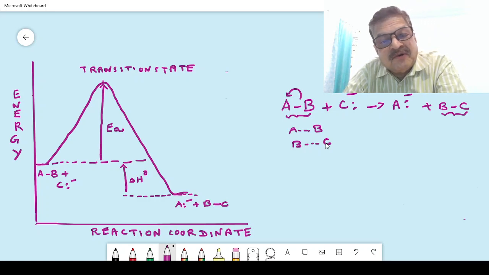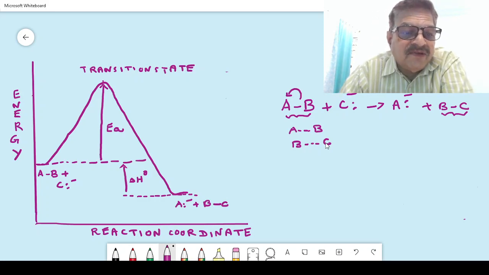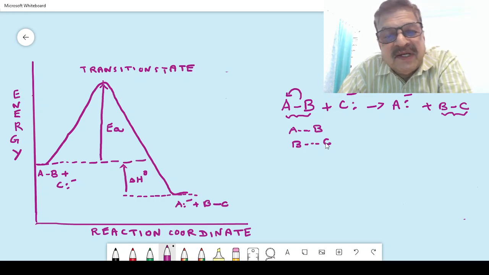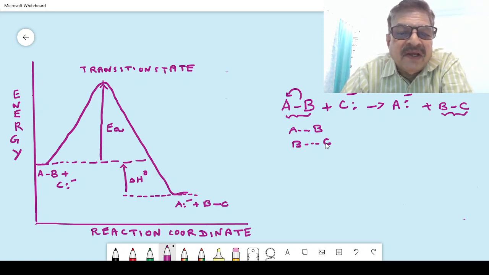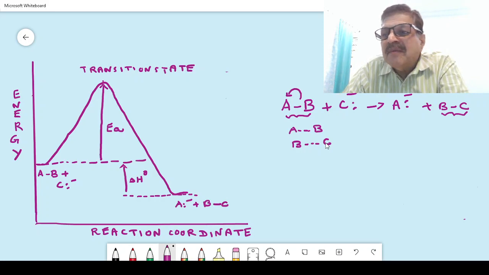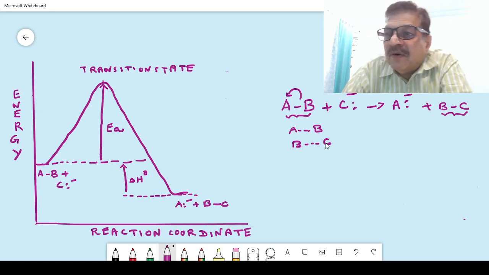The reaction can either proceed in the forward direction or it can proceed in the backward direction. That is, the partially broken AB bond can reunite to go back to the reactants AB, or the partially formed BC bond can form a fully developed bond and form the products here. These are the two options here.